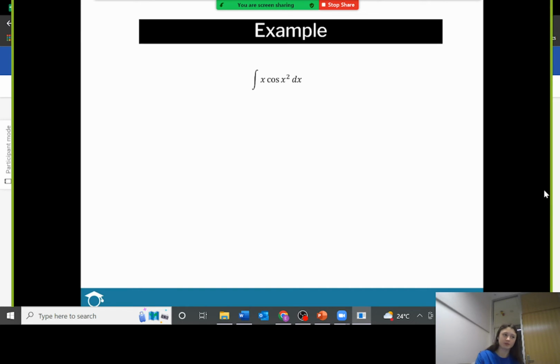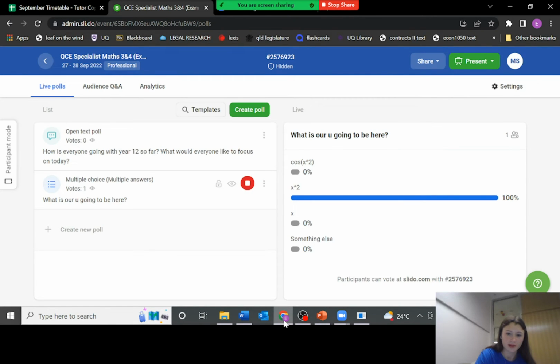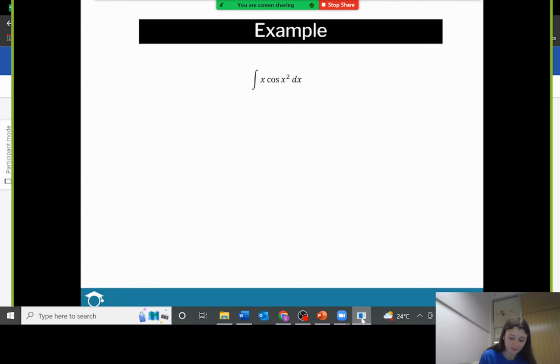Because sometimes, and I'll give you a hint, this is a more complex question, sometimes you need to make u something that isn't even necessarily in the function. Yeah, so we do need to make u x squared, good job.